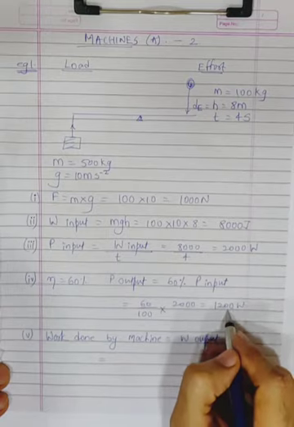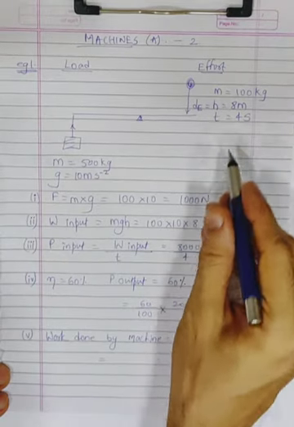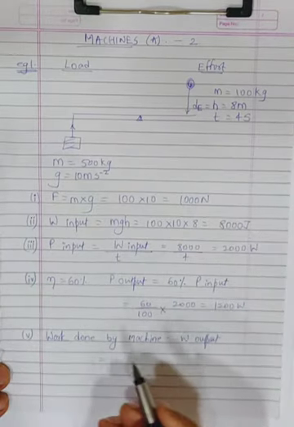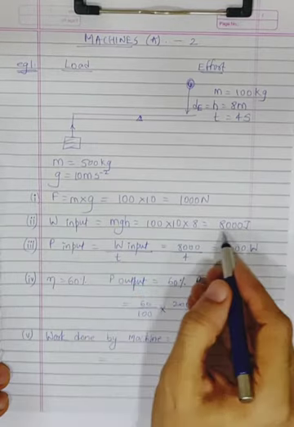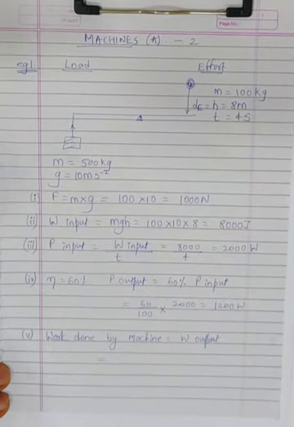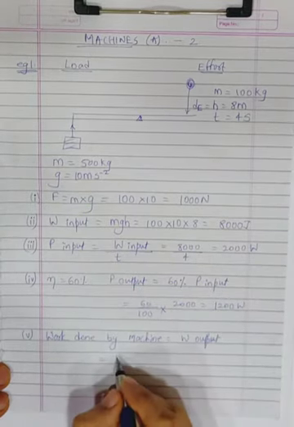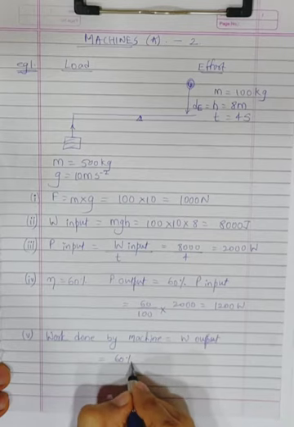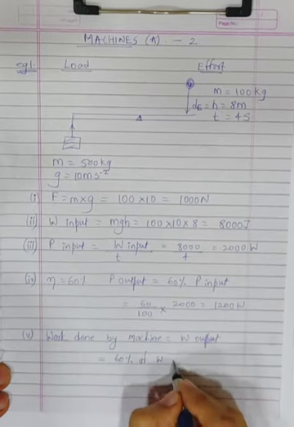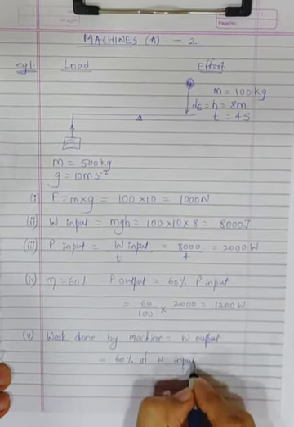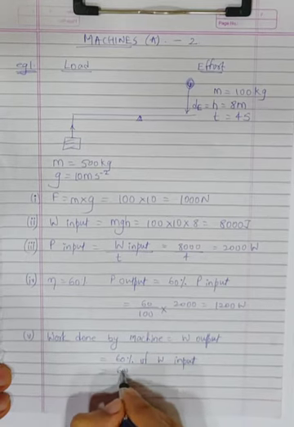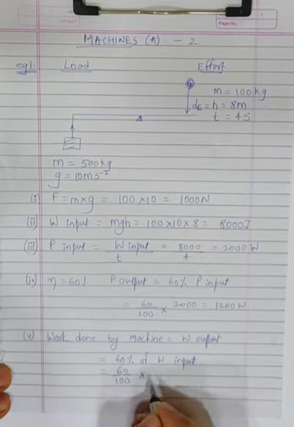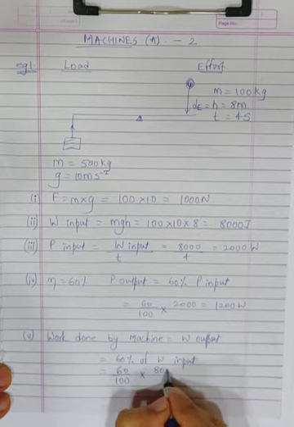You can do power 1200 into time, which is 4 seconds. Or I can do 60% of your work input. So I'm doing work output is equal to 60% of work input, which is 60% of 8000.